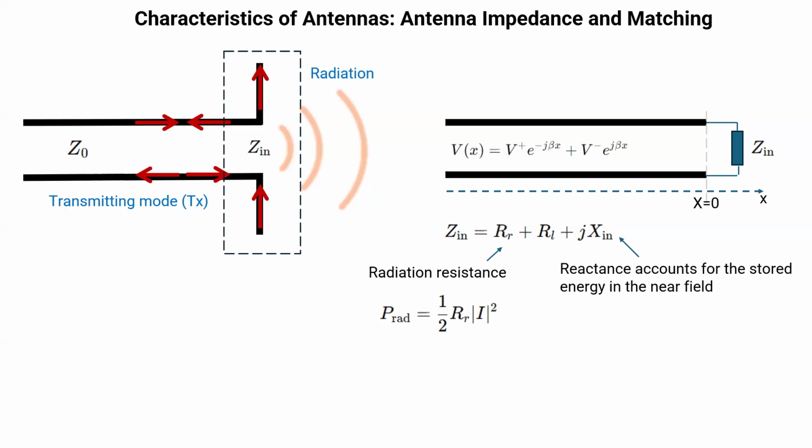So when I drive the current in my antenna, a part of this energy is radiated, and I take it into account using this radiation resistance. But the other part of this energy can be stored as reactive power around this antenna without radiation, and this reactance describes this reactive power.